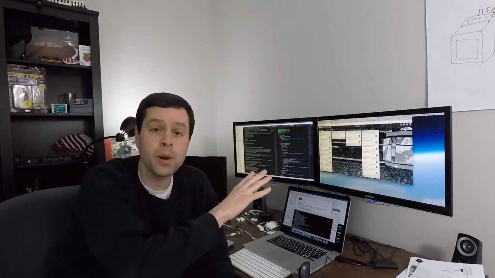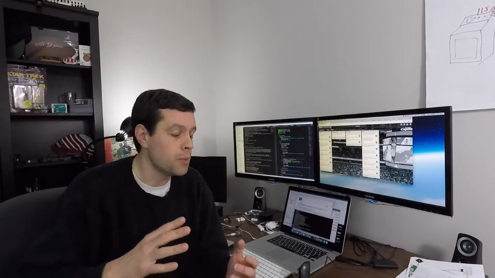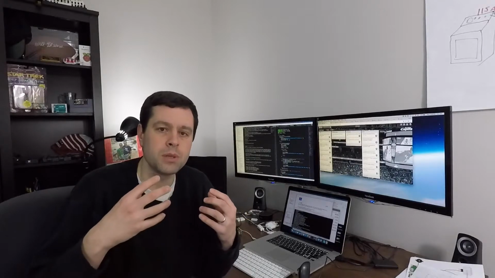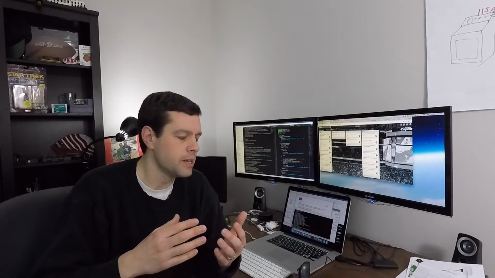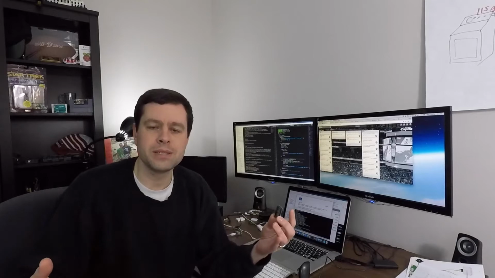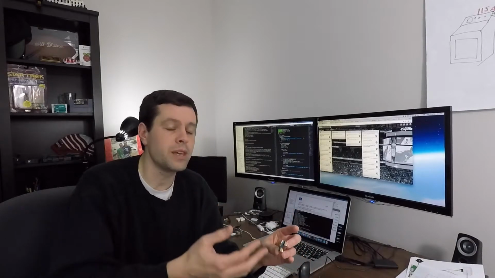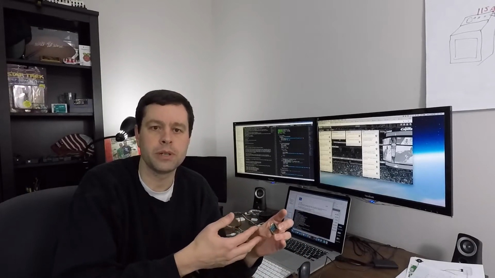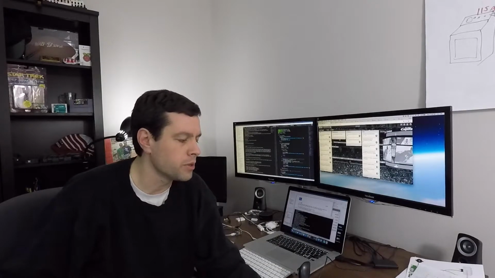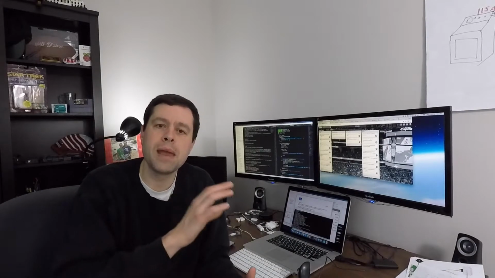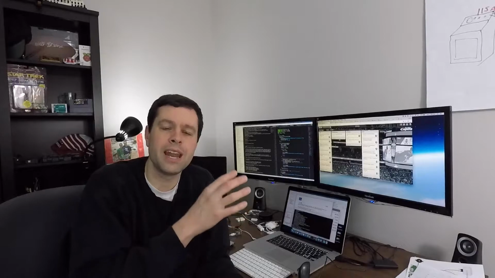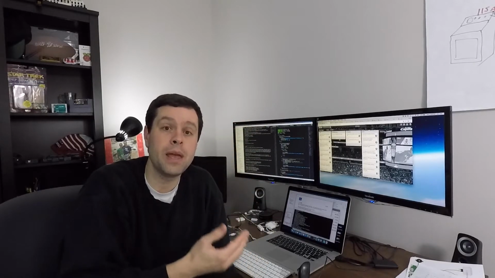The entire project is written in C++, but what I'm trying to be thoughtful about is, if Particle goes out of business tomorrow or some other thing comes out that's smaller and cheaper and does Wi-Fi or has some other connection, I don't want to be married to the Particle Photon and have my code full of dependencies.